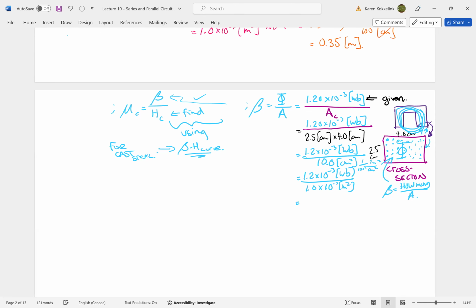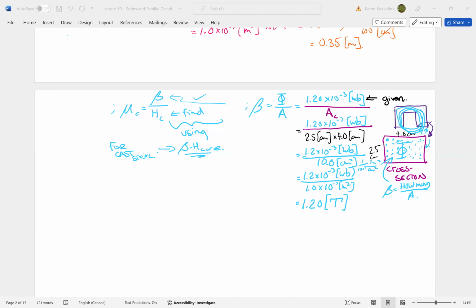And so my flux density is going to be 1.20 Weber per meter squared, and a Weber per meter squared is commonly called a Tesla, which is not a base SI unit, but it is commonly used in magnetism. So we just computed that beta equals 1.2 Tesla.